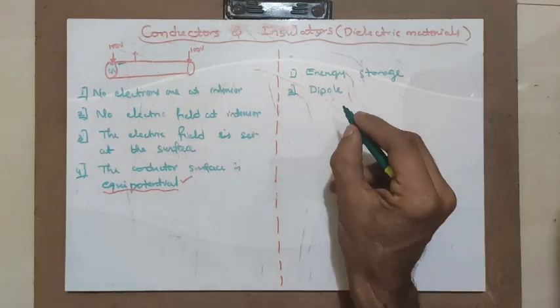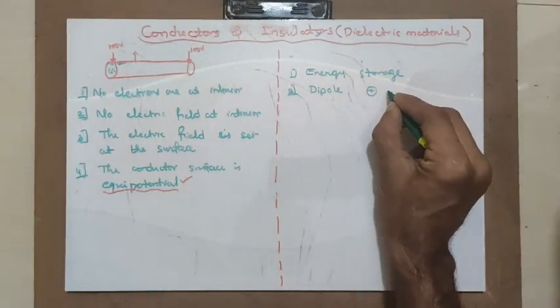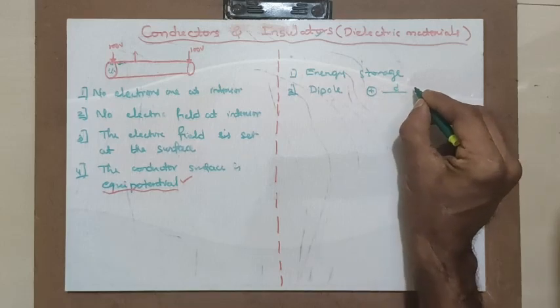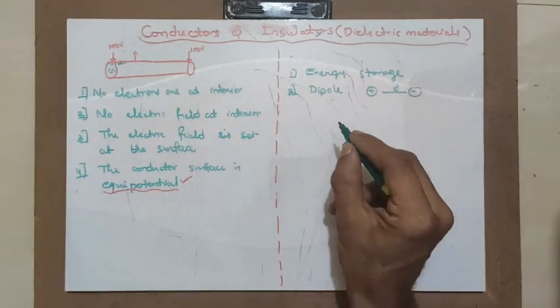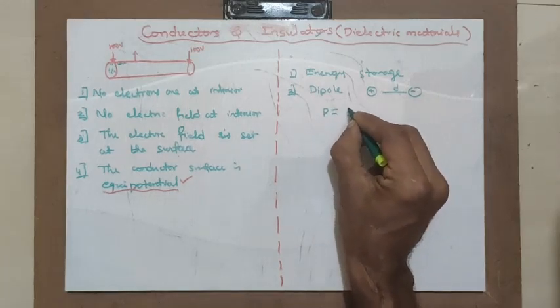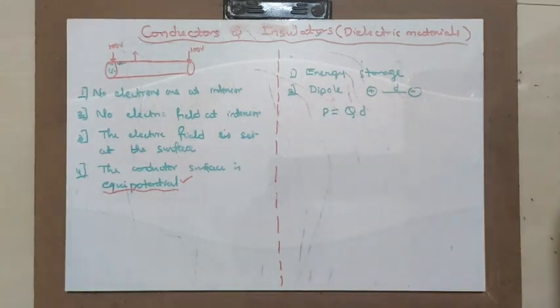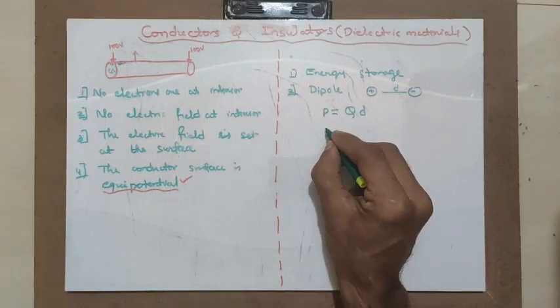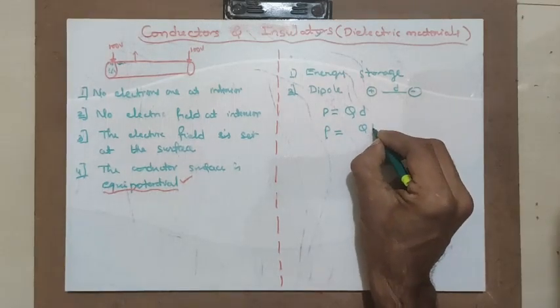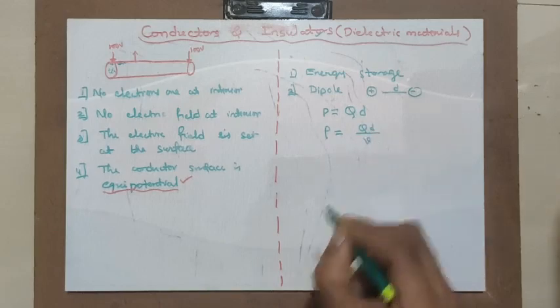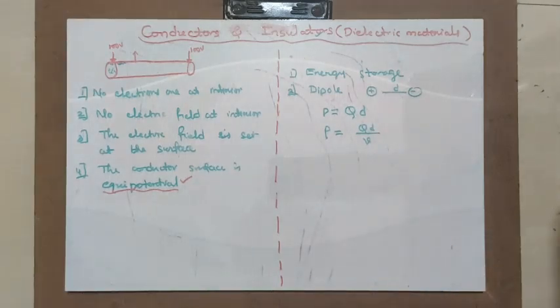Now, first you know that whenever a dipole is present, dipole means plus and minus charges at a distance of d. The dipole moment P is given by Q into D, isn't it? Now, polarization, what we call the total dipole moment per volume. Okay, that is called polarization.